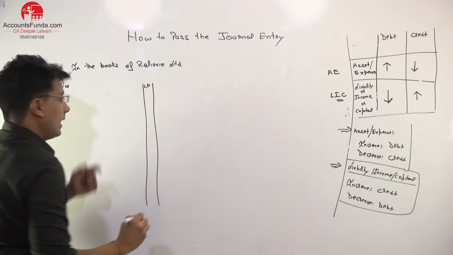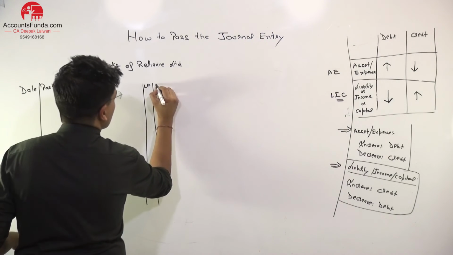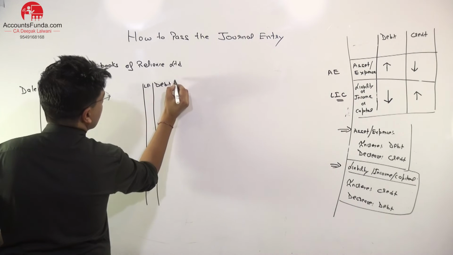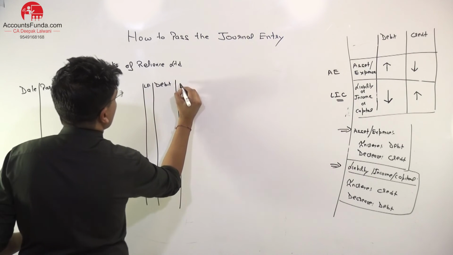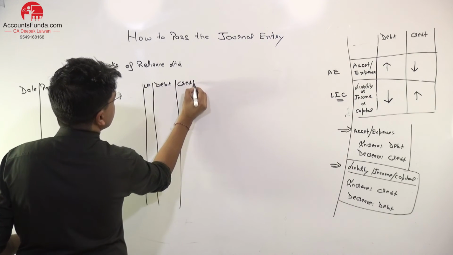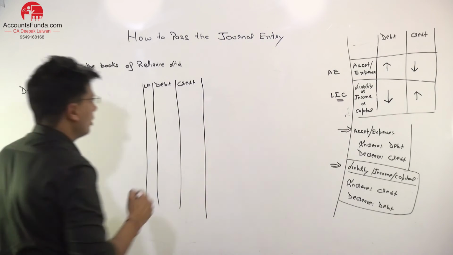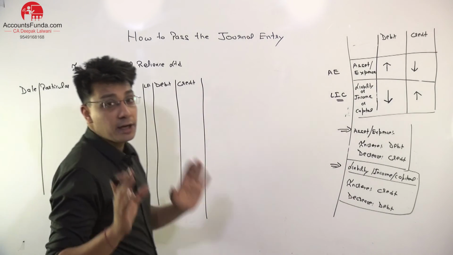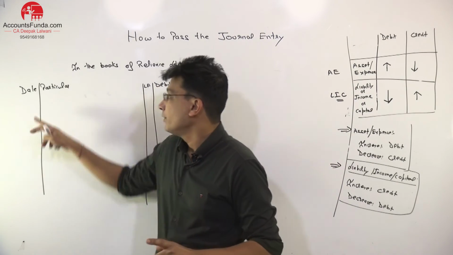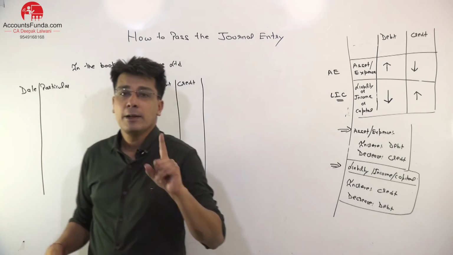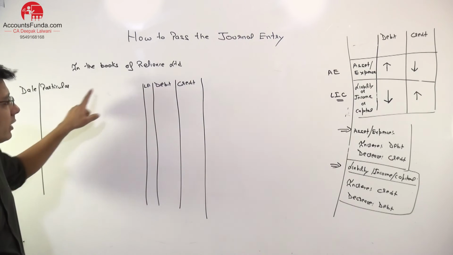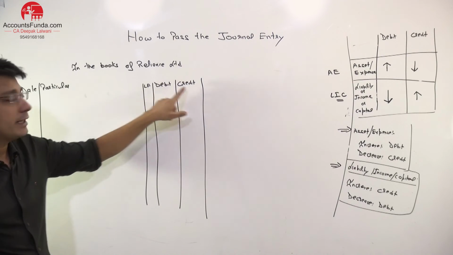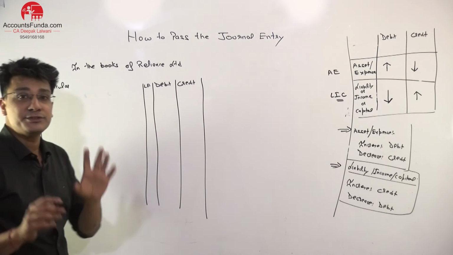LF means ledger folio, I will explain it. The next part is debit, and the next part is credit. Whenever you make a journal entry, the journal book will look like this: date, particular, LF, debit and credit.